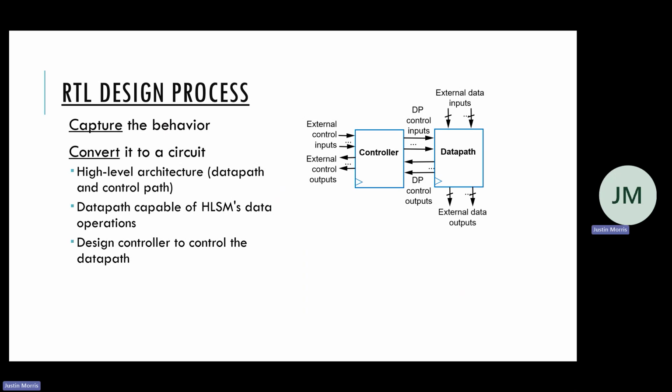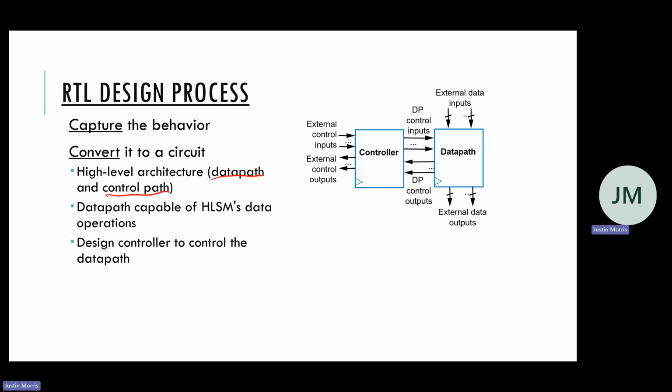All right, so the RTL design process for high-level state machines is going to, again, be capture the behavior with the high-level state machine, and you will convert it to a circuit by creating the high-level architecture, which is going to be two things: the data path and the control path.